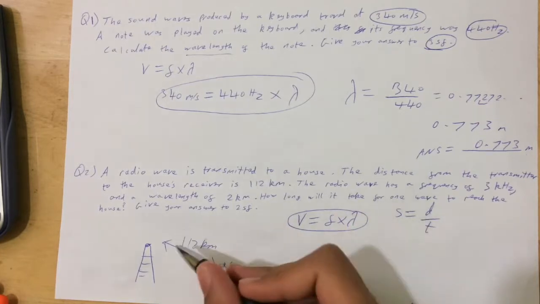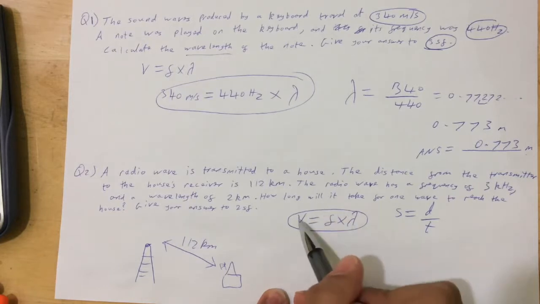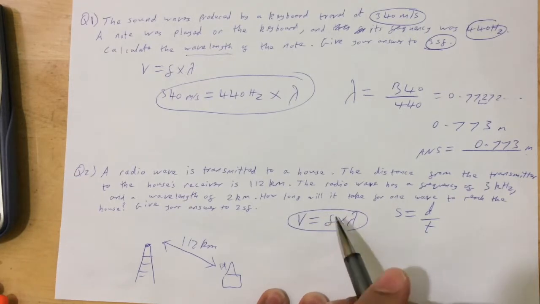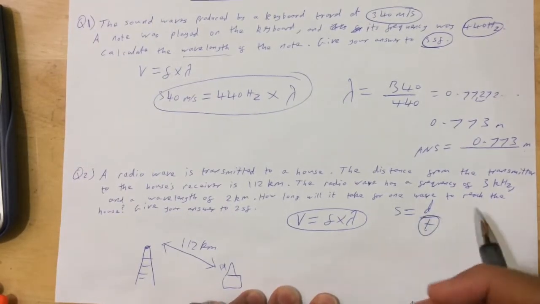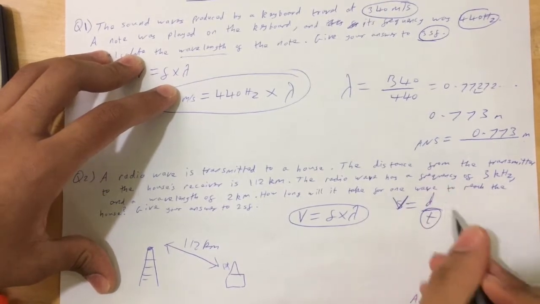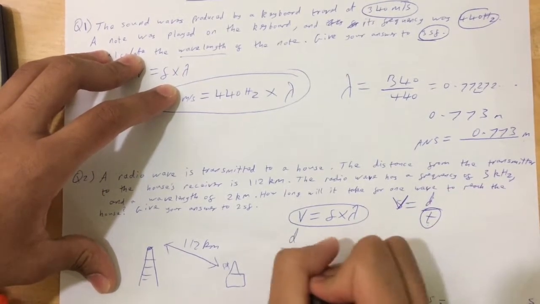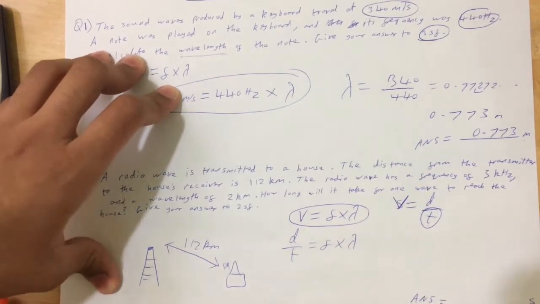We have a distance. We have a speed. No, sorry, we don't have a speed. We have a frequency and we have a wavelength. We need the time. So instead of using v, we can use d over t. So distance over time is equal to frequency multiplied by lambda.